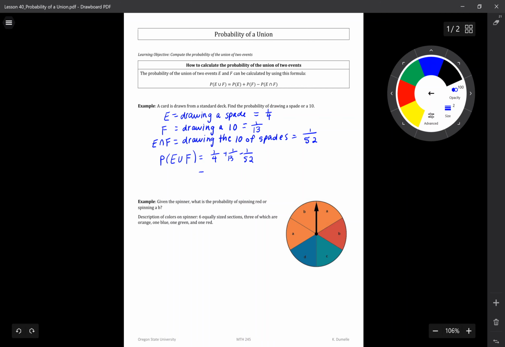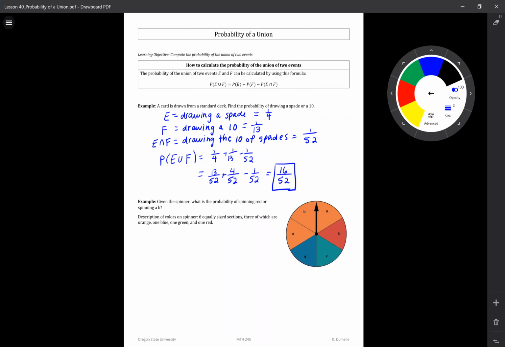If I convert all of my denominators here to 52, this is 13/52 plus 4/52 minus 1/52, and this is equal to 16/52. So the probability of drawing a spade or a 10 is 16/52.